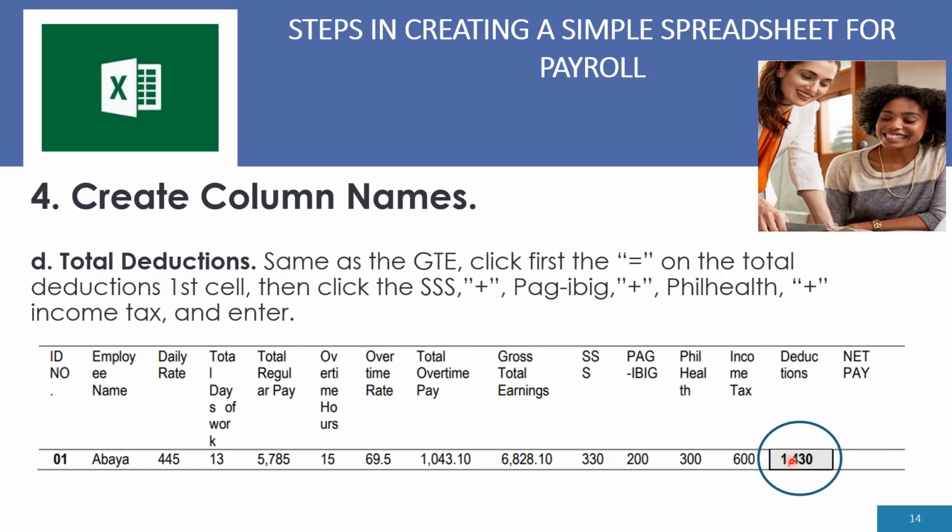After putting that, you are going to type equals, and then click this, type plus sign, then click this, another plus sign, click this, another plus sign, and lastly, click this. After clicking that, you press enter. So that's it.